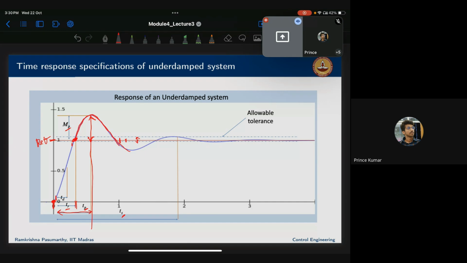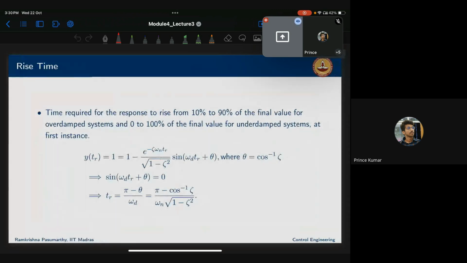Okay, so we need to find the expressions for all these terms: settling time, peak time, rise time, maximum overshoot. Let's see one by one. First, rise time. Rise time is defined as the time it takes for the response to go from 10% to 90%.